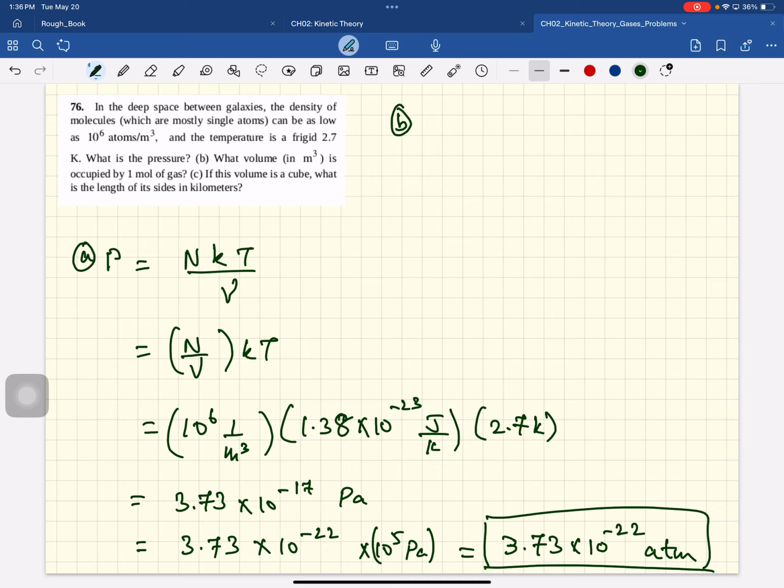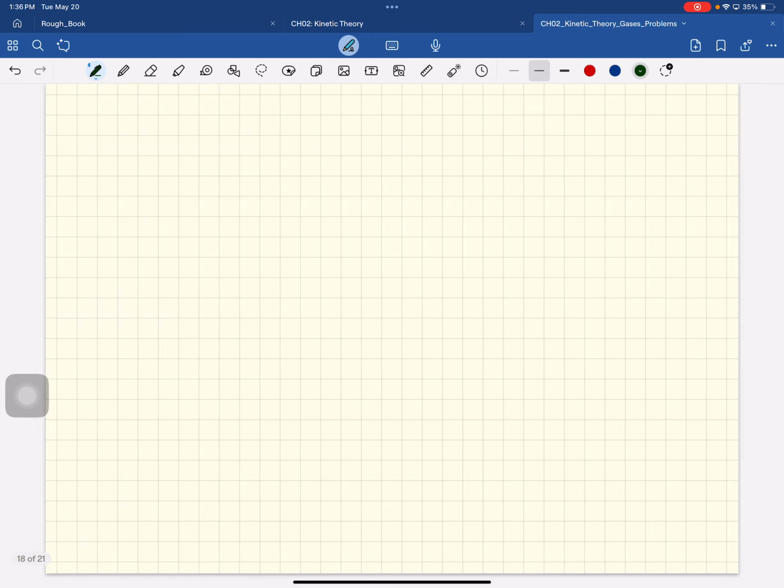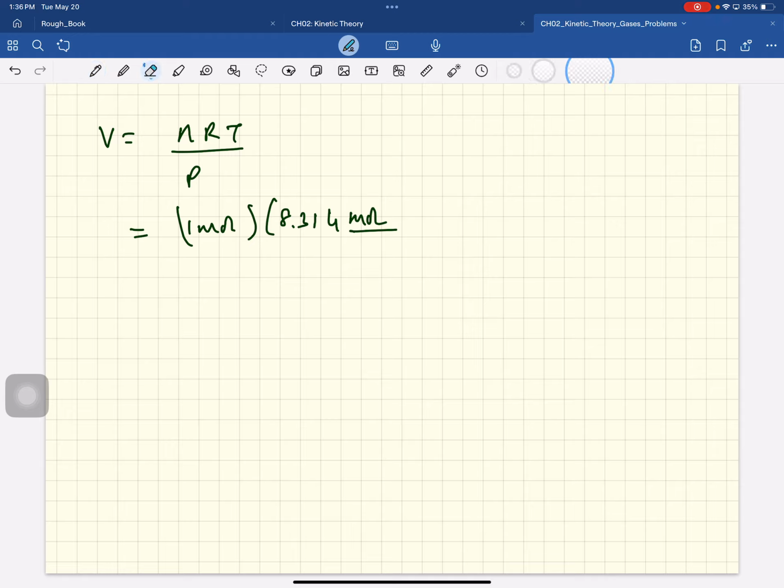What is the volume occupied by 1 mole of gas? Okay, so volume is nRT divided by P. n was 1 mole, R is 8.314 joules per mole Kelvin.